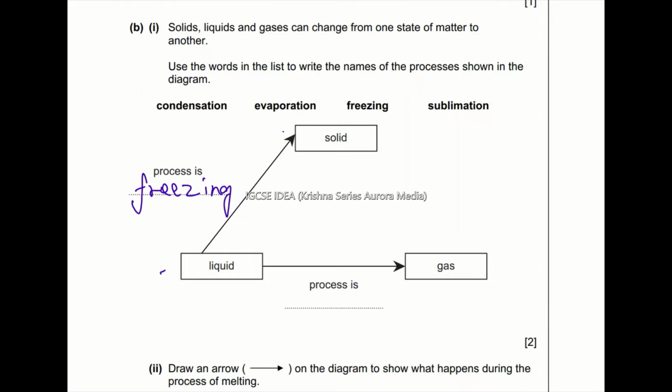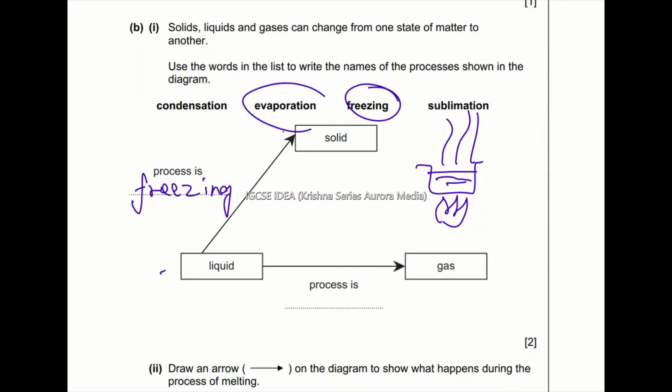What about this? Liquid to gas. Okay, that's heating, as if you boil a pot of water with some fire, it keeps disappearing as gas. They've asked to choose the words from here. We can choose evaporation, which is the most accurate one.